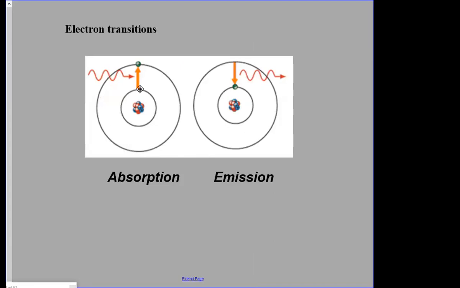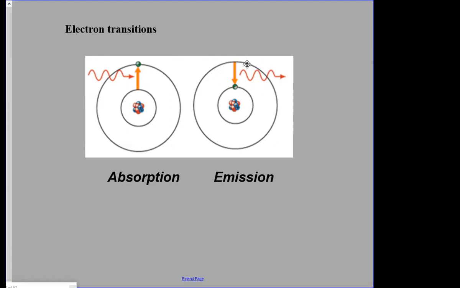Remember, when an electron is in a lower energy level, to go higher, it must absorb energy. That would give you an absorption spectra. You'd be missing a color of light. If that excited electron falls down to a lower energy level, light is given off. But it is a unique color of light that's both absorbed and released depending on the difference between these two energy levels. There is a unique energy to energy level n equals 1.